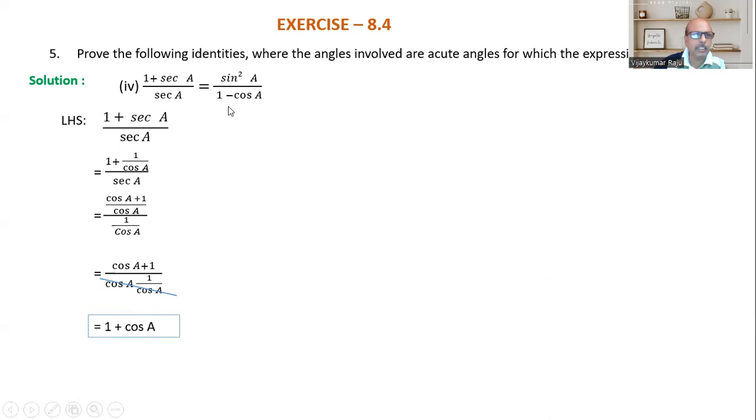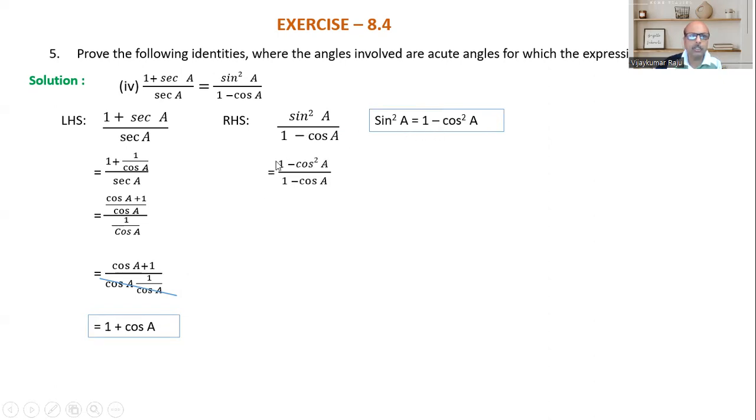Now take the right side. Sine square upon 1 minus cos. What is sine square? If you remember, sine square is 1 minus cos square. Let's substitute it here. So it will be 1 minus cos square upon 1 minus cos. This could be written as a square minus b square, that is a minus b, a plus b.